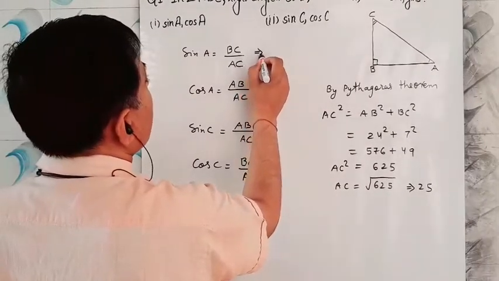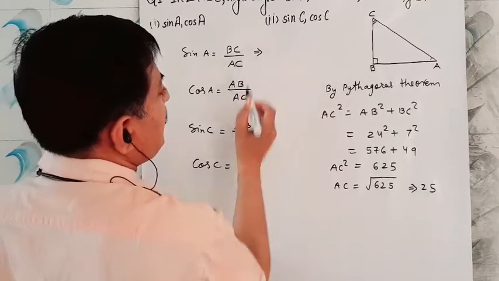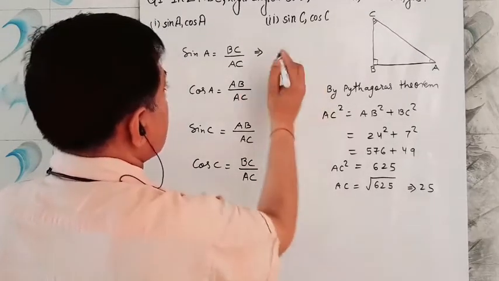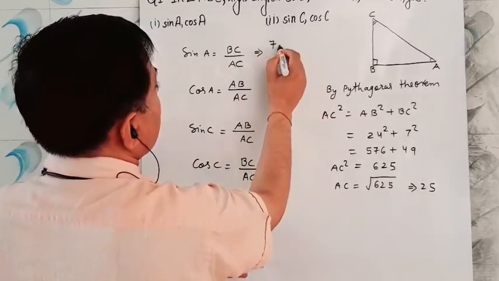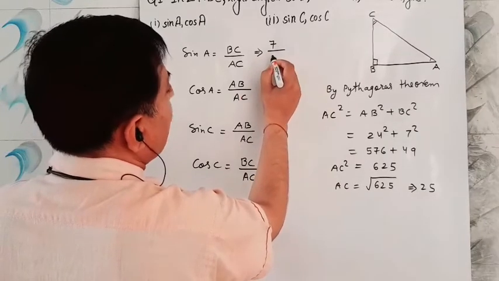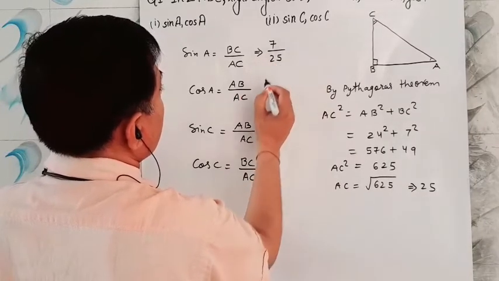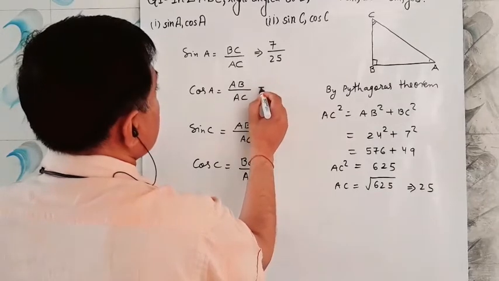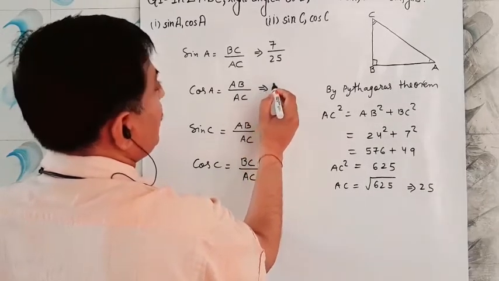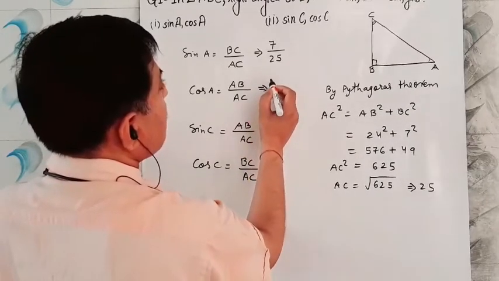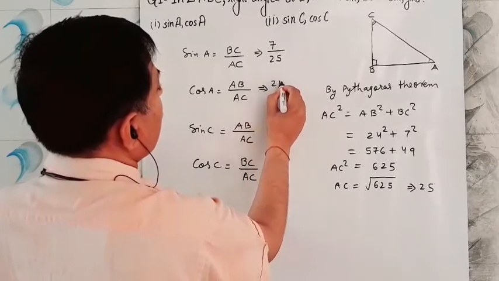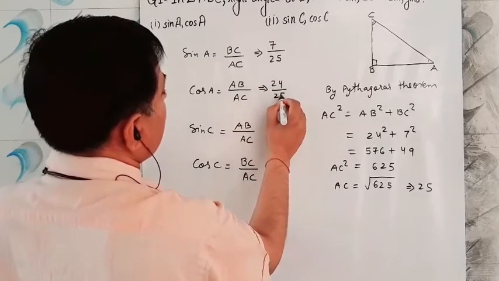So sin A equals BC upon AC. BC is 7 and AC is 25. And cos A is AB upon AC, AB is given as 24, so 24 upon 25.